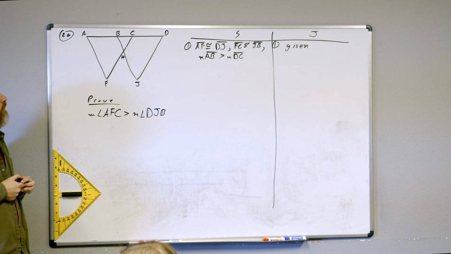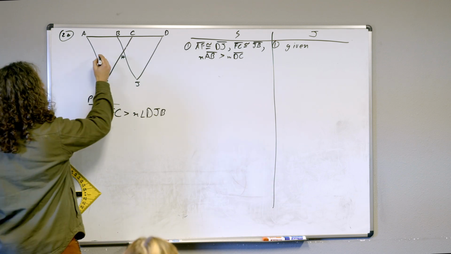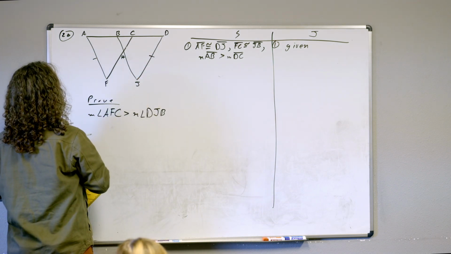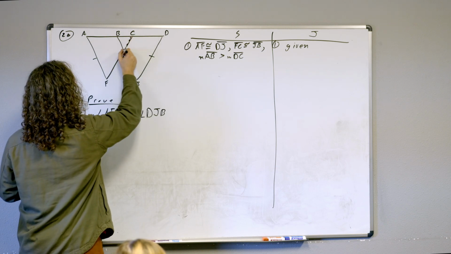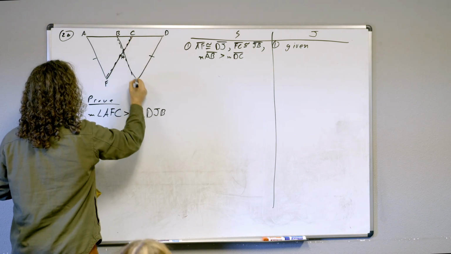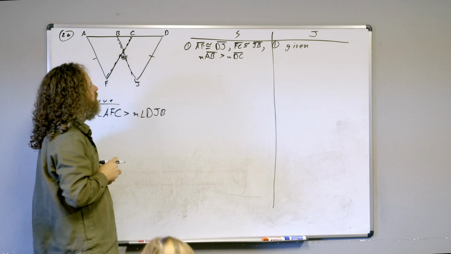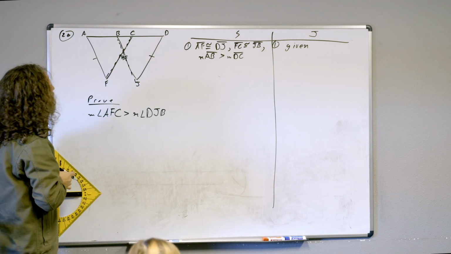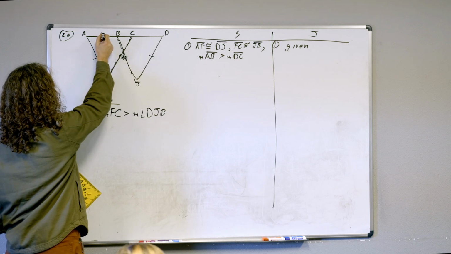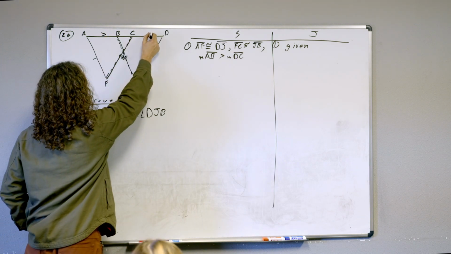What should we do now, kids? Let's see. AF is congruent to DJ. FC, so this one is congruent to this one. And AB, this is greater than this.